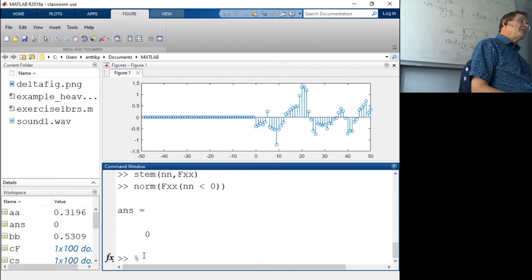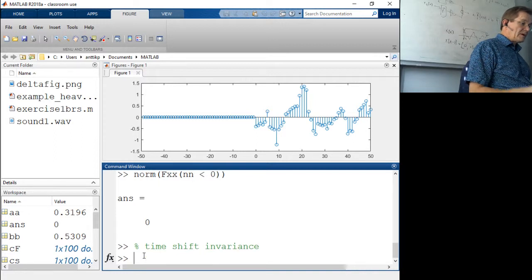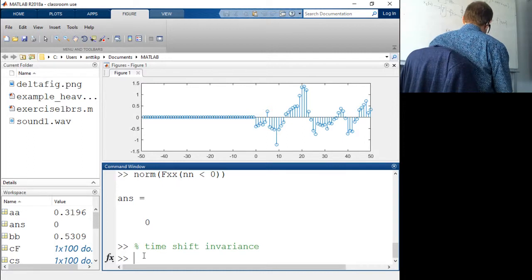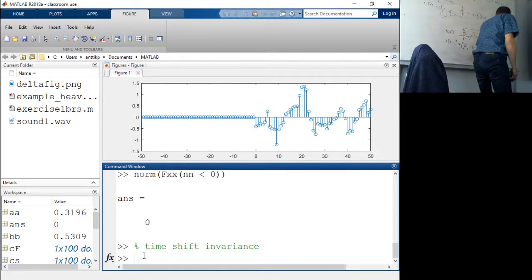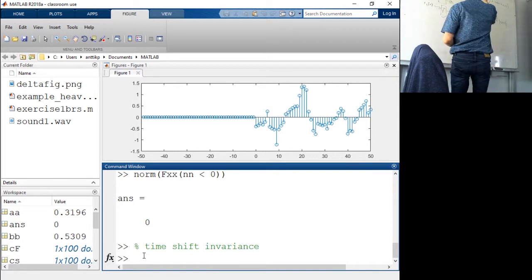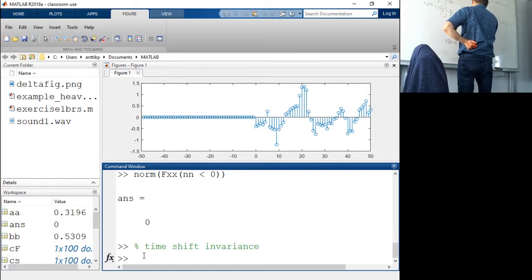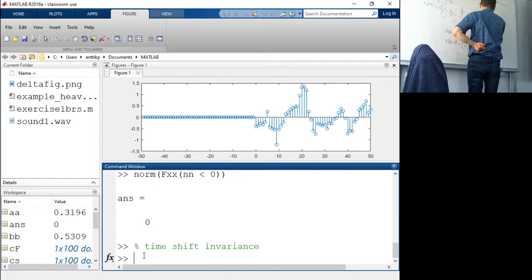And then the time shift invariance. Again, basically what we need to test is to feed a system with and without time shift. So we feed the system with a test vector, delay that one with some arbitrary delay, and then we have the system.